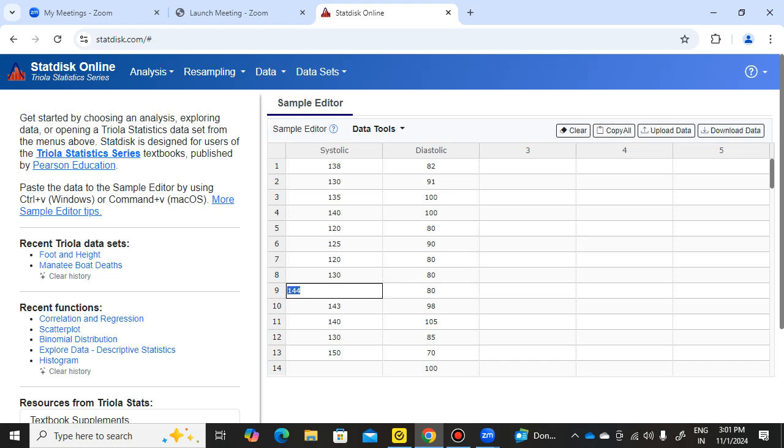That's the one I missed. Right, so 80, 130 twice. And double check these: 144, 98, 143, 105, 140, 85, 130, 70, 150, 100.